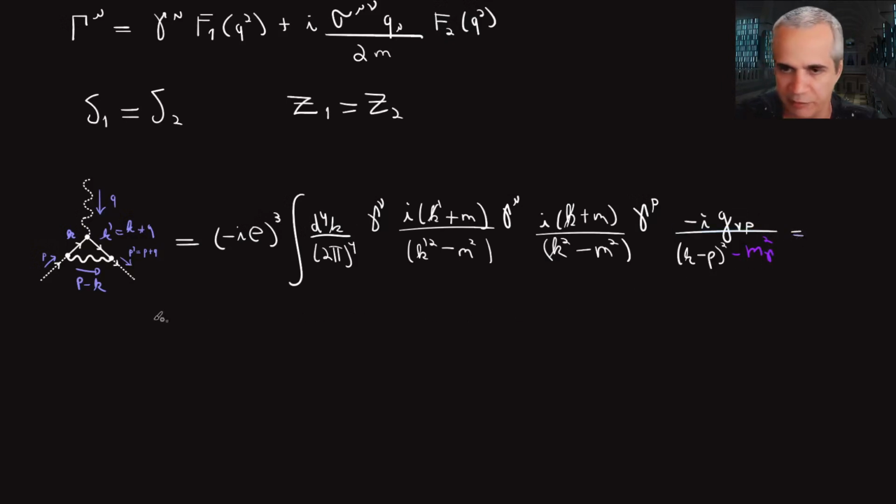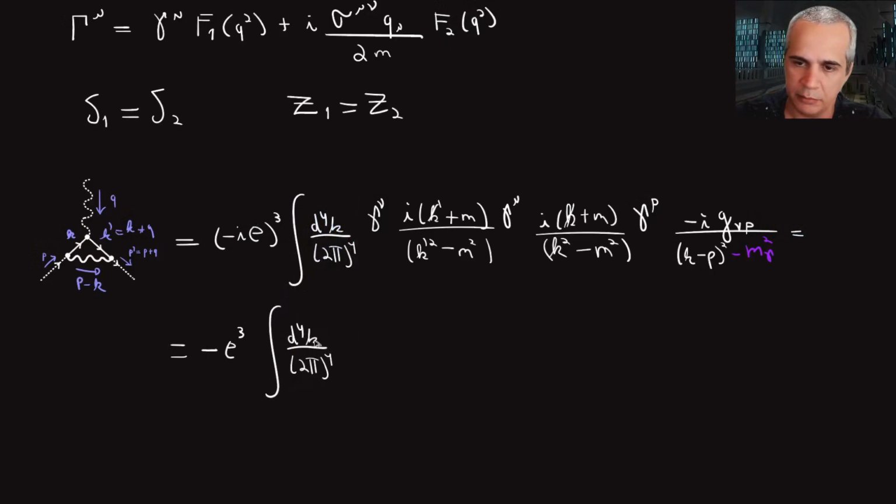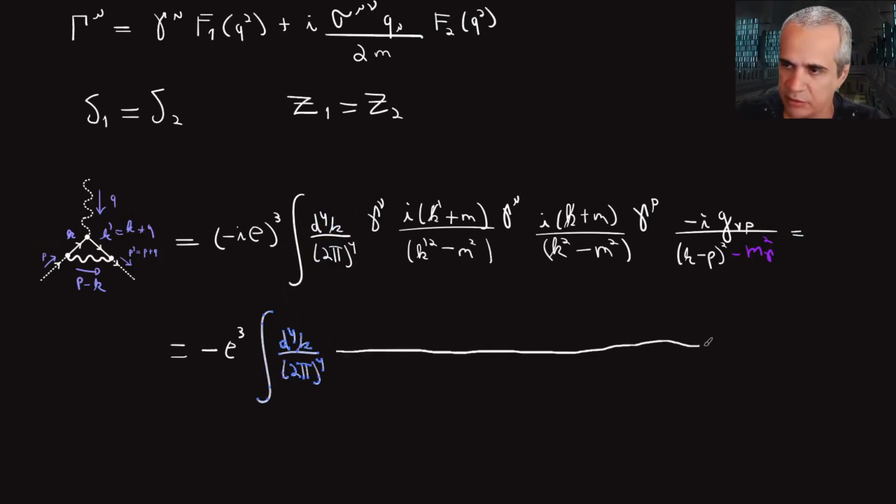Now I can simplify this a little bit. I have 6 powers of i here, and so there's a minus i cubed, just repeat the integral. And I have these denominators here that I'll put all together. Let me rewrite, so now I write this k prime explicitly.